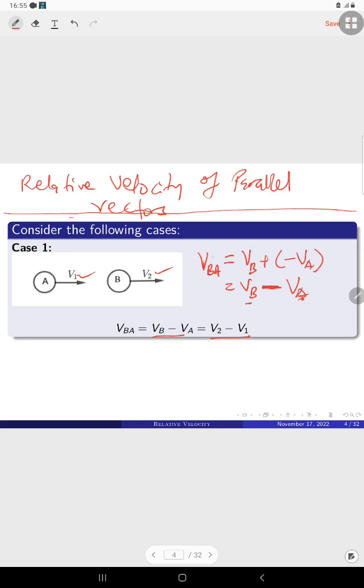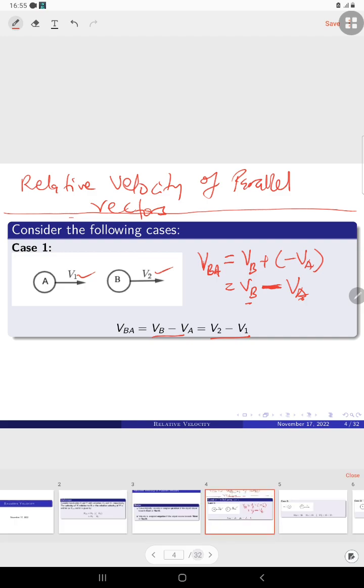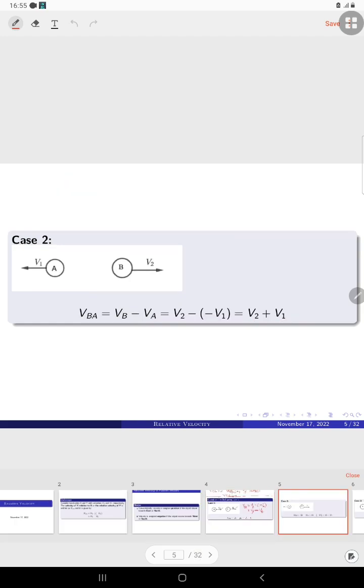If I were to find VAB, that would have been VA plus minus VB, but that is not what we want. I want us to find VBA. So here you see the signs didn't change. The signs are positive throughout. The negative sign we have here is for the formula.